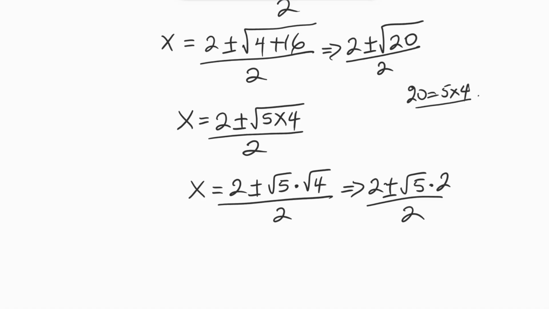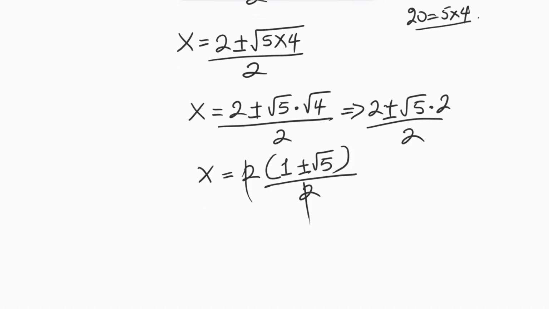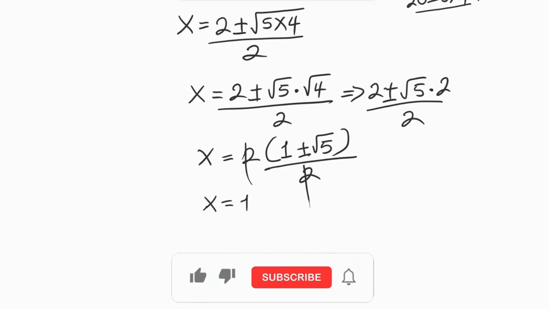Now, let's factor out 2. We can actually factor out 2. So we have 2 times 1 plus or minus root 5, divided by 2. The 2 will cancel out at the denominator and the numerator. And what we have is x equals 1 plus or minus root 5.